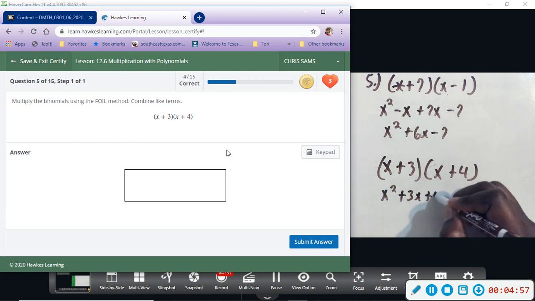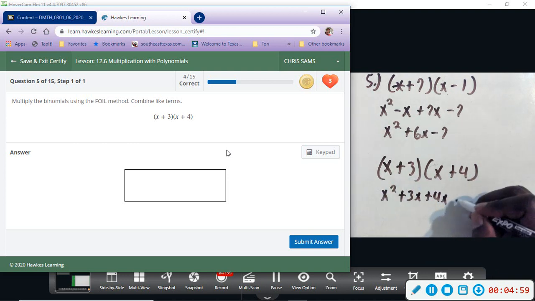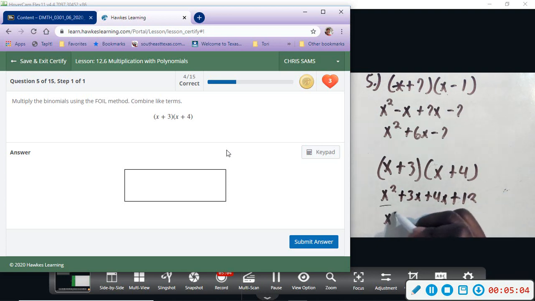That will give us 4x plus 12, and then that will give us x squared plus 7x plus 12. Okay. So x squared plus 7x plus 12. I'm not sure if I just typed something in incorrectly, but this should be okay.